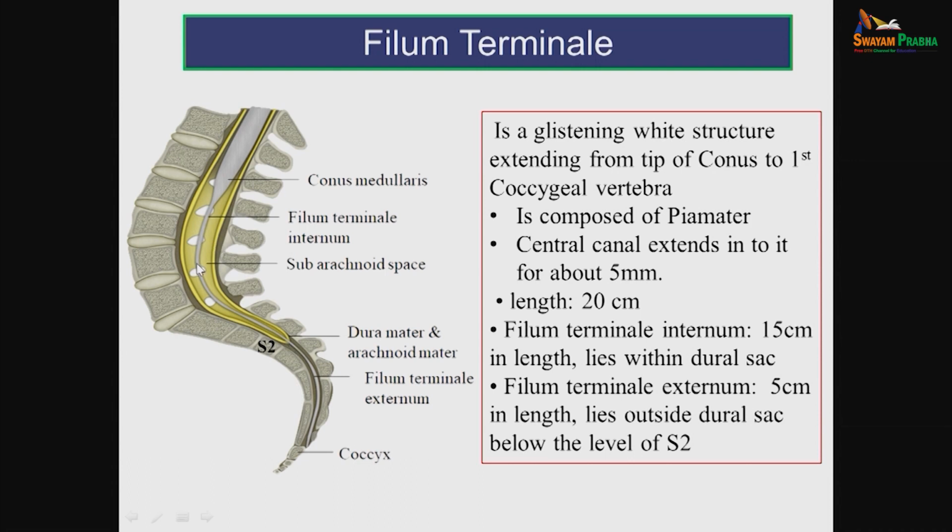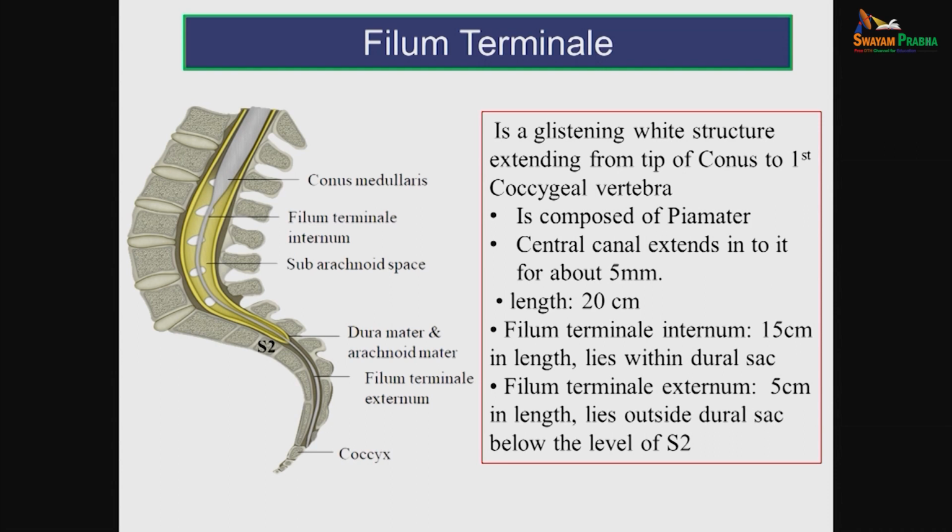So, the subarachnoid space also extends till the level of S2. So, the part of the filum terminale within the dural sac or the subarachnoid space, which is 15 centimeters long, is called filum terminale internum. From S2 to the dorsal surface of the coccyx, this part of the filum terminale is called filum terminale externum.